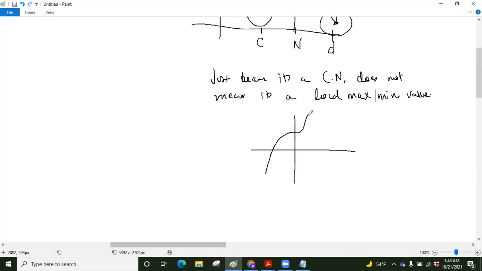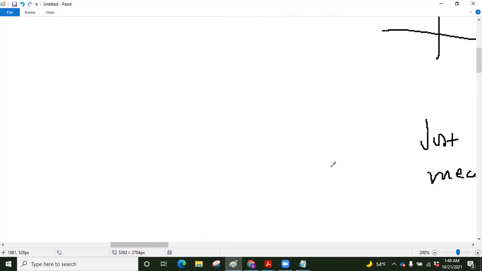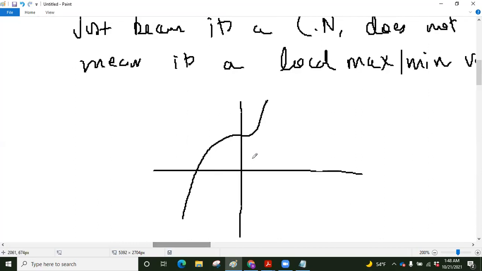basically what's happening is that at this point the derivative is 0 for a second. So at this point f prime of c is 0, if c was here. But then it starts being positive, and before that it was all negative. So this point is not a local maximum or a local minimum.